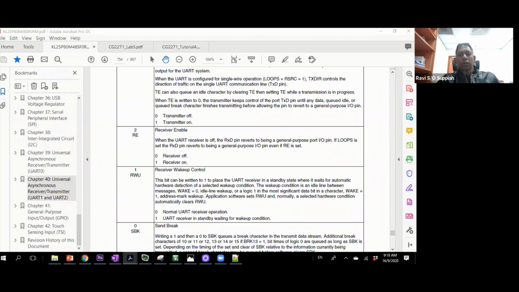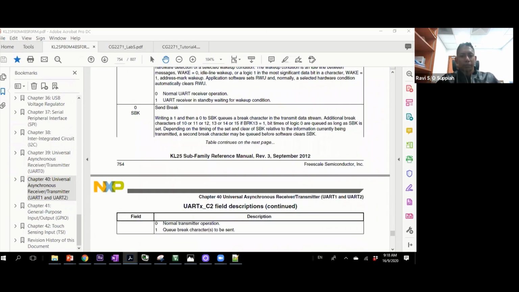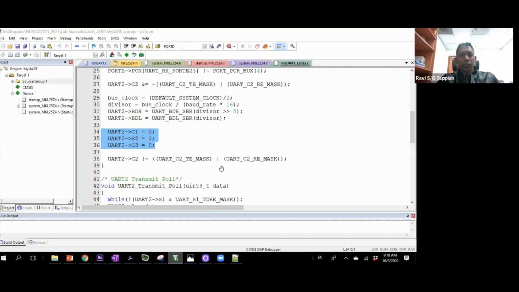So if your data transmission involves 9 bits, then you enable 9 bits. If it is 8 bits plus parity, you just enable parity and the hardware will do it for you.